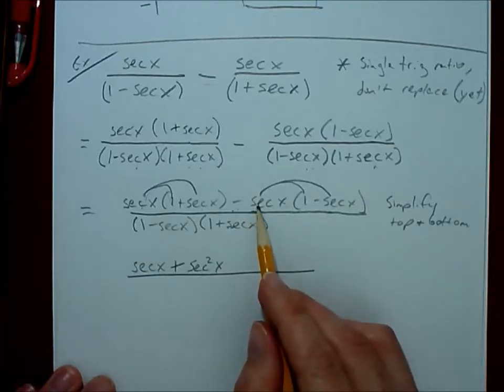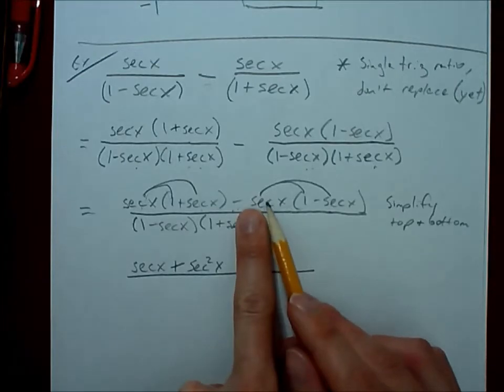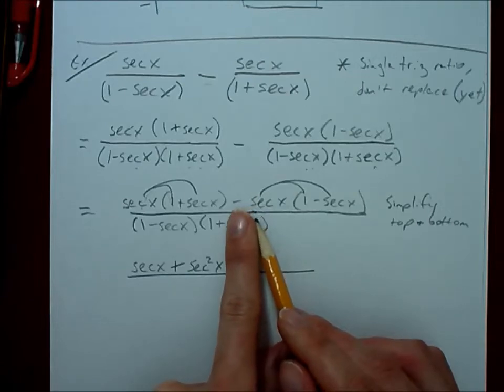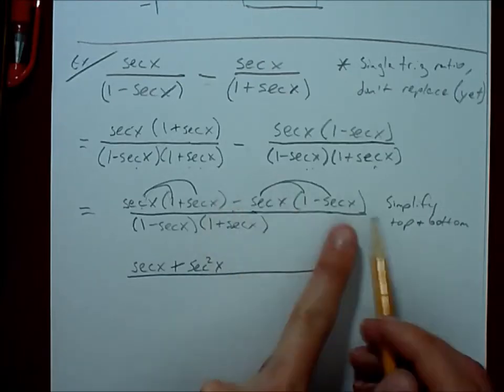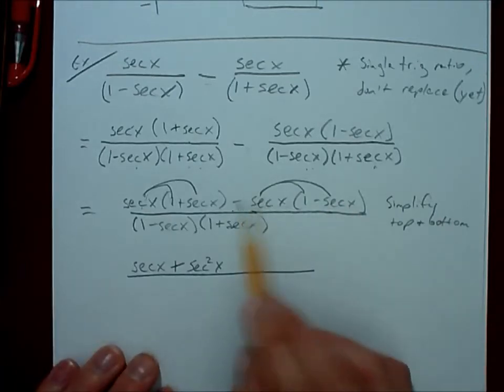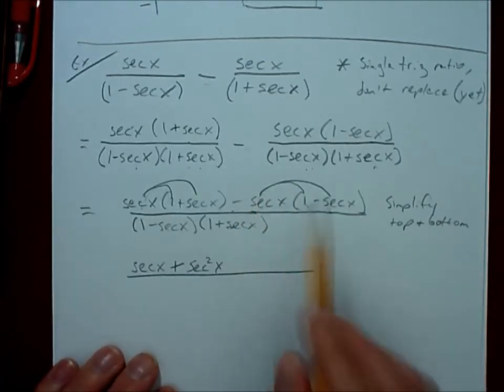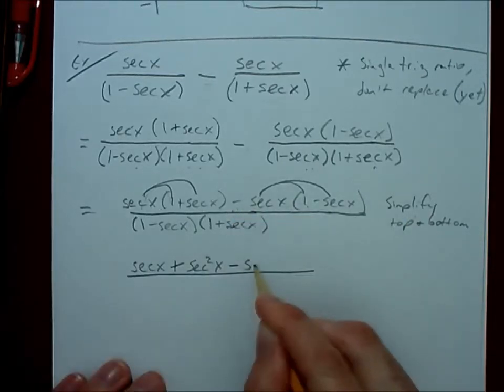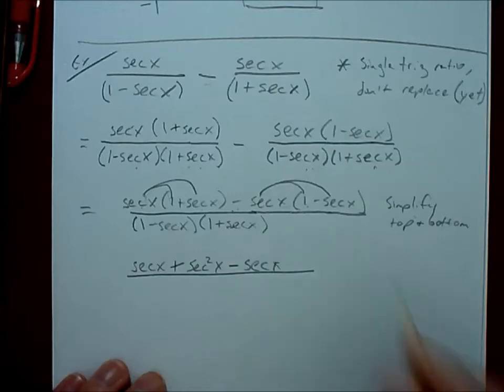Now here we want to be careful. When we distribute this secant on the right-hand side, notice it has a negative in front of it. We want to distribute that negative with the secant, so we keep our signs correct. So we're going to take a negative secant multiplied by 1, which is, of course, just negative secant of x.